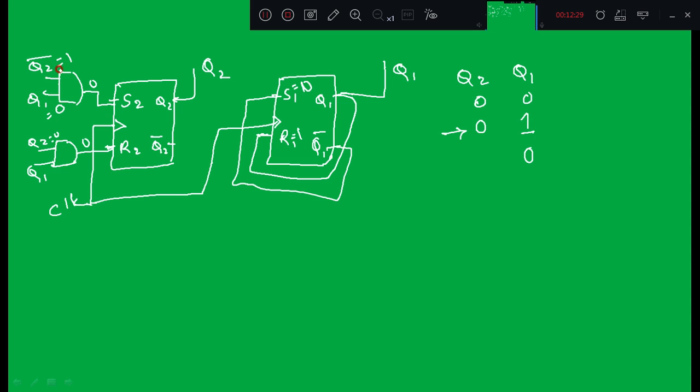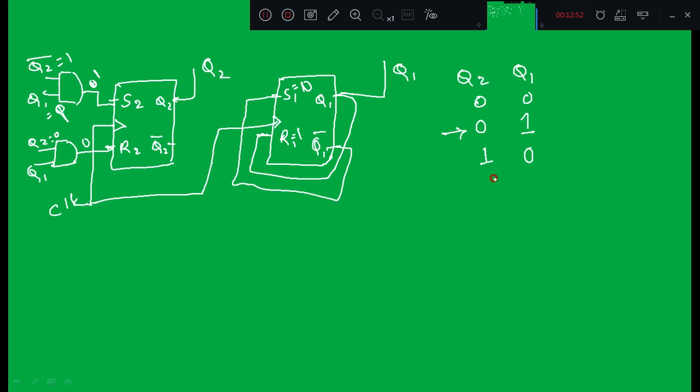Q2 remains at its previous value. Q2 is 0, so Q2 bar remains 1, and Q1 is 1, so the output is 1. Here Q2 is 0, so one input is 0 and the output of this AND gate is 0. Since S2 is high and R2 is 0, Q2 will become 1.